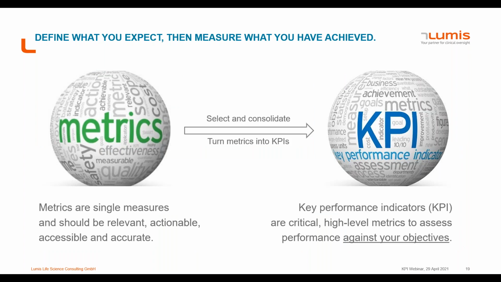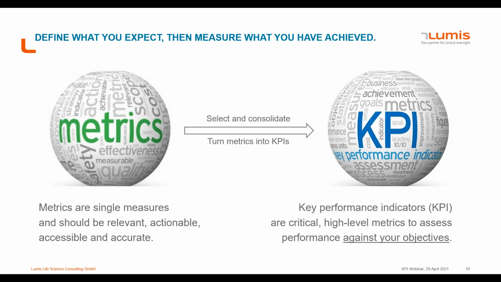It all comes down to the point that you have to define what you expect and then measure what you have achieved. Measurement brings us to metrics again. And metrics are single measures, and they should be relevant, actionable, accessible, and accurate. And with your risks that you have identified as being critical, you can select and consolidate the right metrics and turn them into key performance indicators.